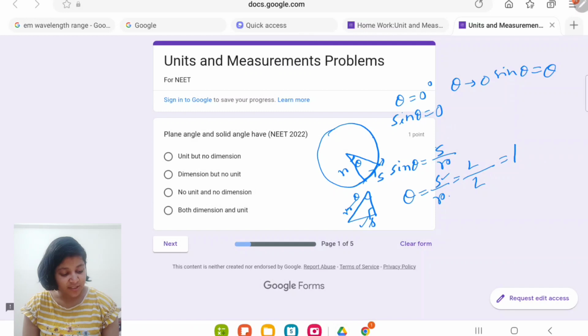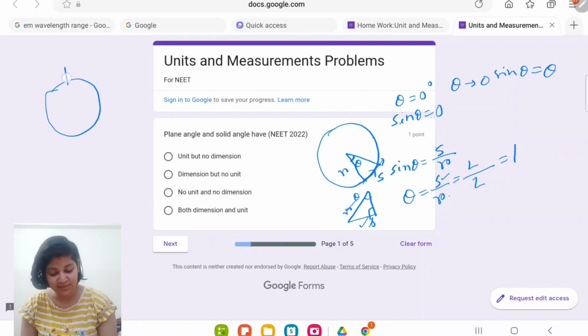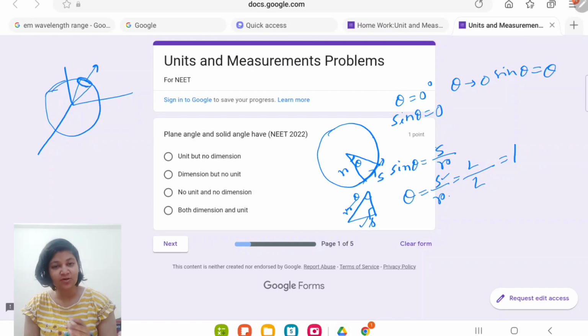Similarly, in case of a solid angle, consider this is a sphere in 3 dimensions. So this path will now become a cone, and our solid angle is defined as follows.